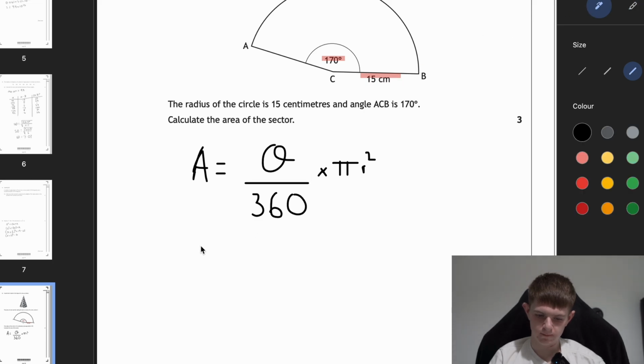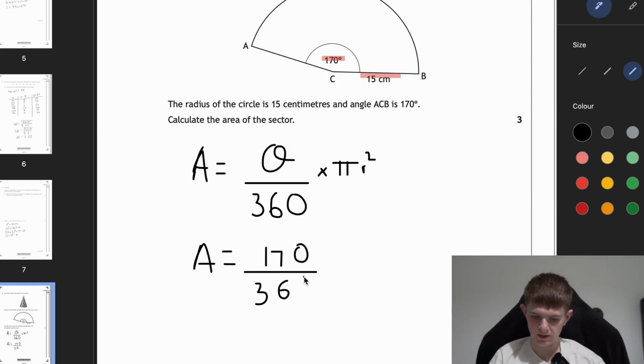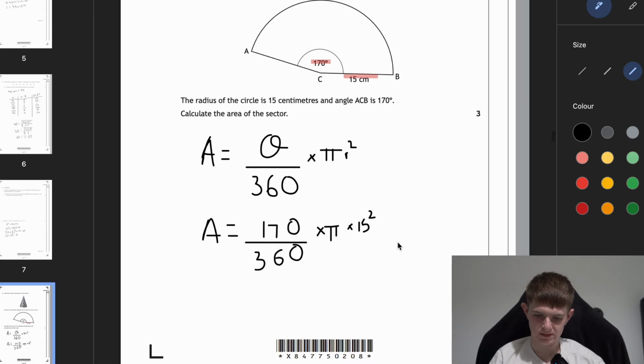So 170 over 360 times by pi times by 15 squared. Easy days.